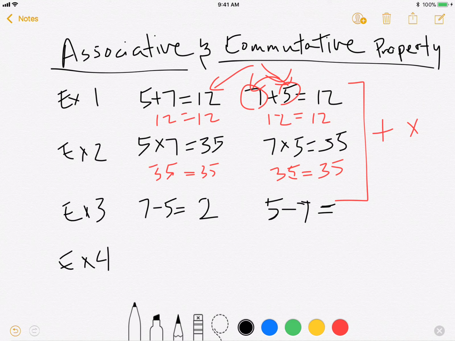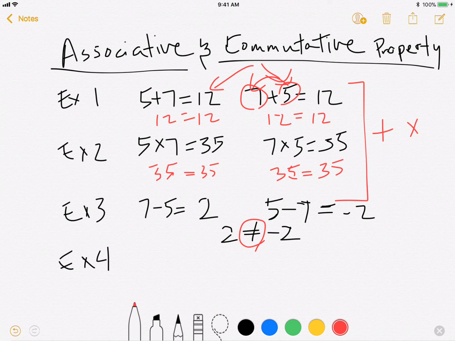Does that equal 2? No, it doesn't. It equals negative 2. So in this instance, when we're using subtraction, it does not stand in the commutative property category because those two things are not equal to each other. This symbol right here is the not equal symbol, so it's the equal sign with a slash through it, meaning these two things are not equal to each other.